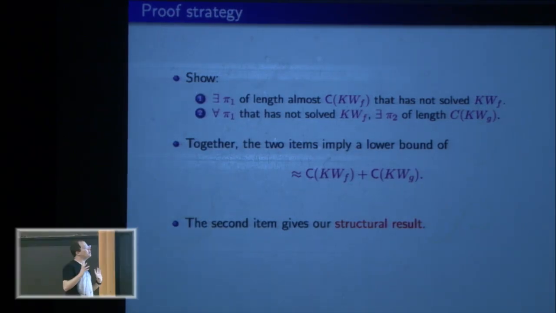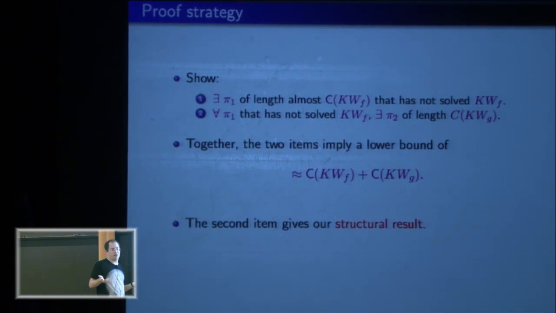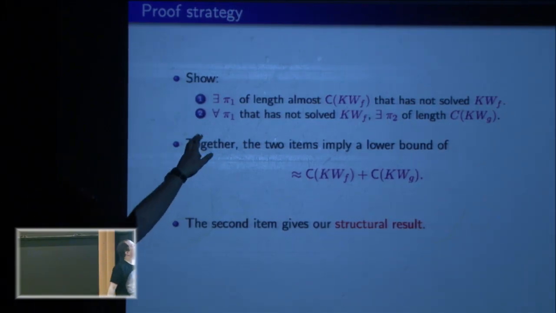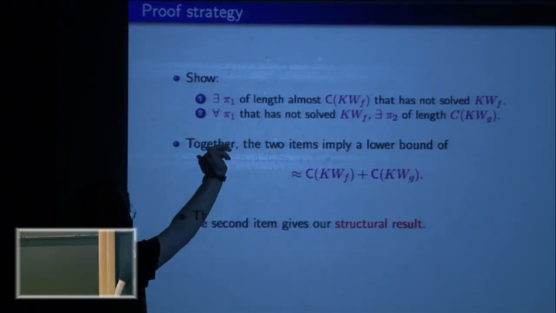I want to claim that this means that every optimal protocol behaves more or less like the naive protocol. Because it really doesn't make any sense to say anything in pi 1 that does not solve KW_f.